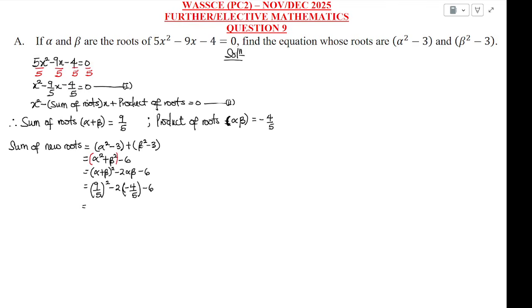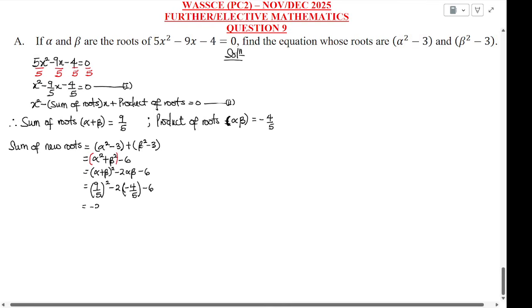And this gives us negative 29 out of 25 as the sum of the new roots. We do the same thing for the product of the new roots. We are going to have alpha squared minus 3 multiplying beta squared minus 3.